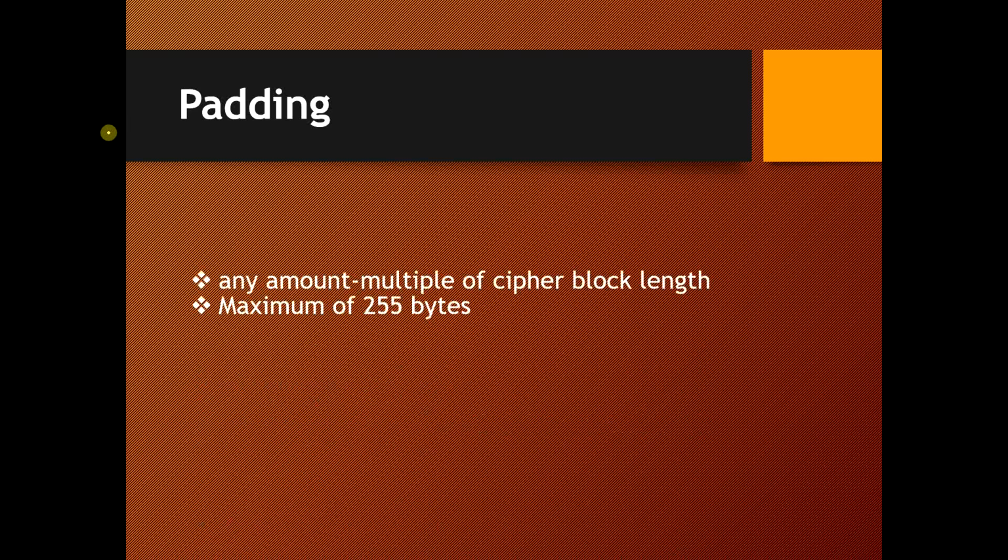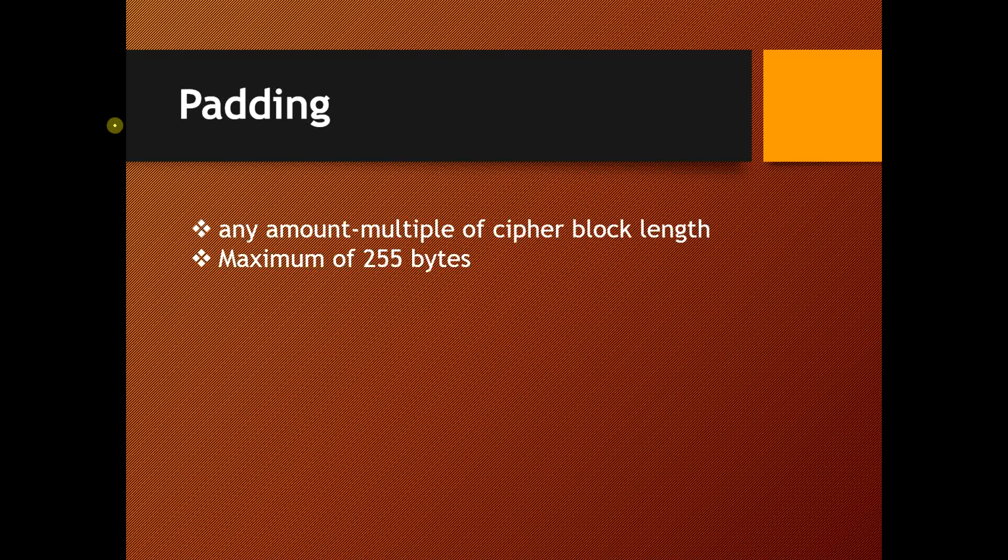In SSL, the padding is added prior to the encryption of the user data, and this corresponds to the minimum amount required so that the total size of the data to be encrypted is a multiple of the cipher's block length. Whereas in TLS, the padding can be any amount that results in a total size that is a multiple of the cipher block length, and there is a limit to this. It can go up to a maximum of 255 bytes.